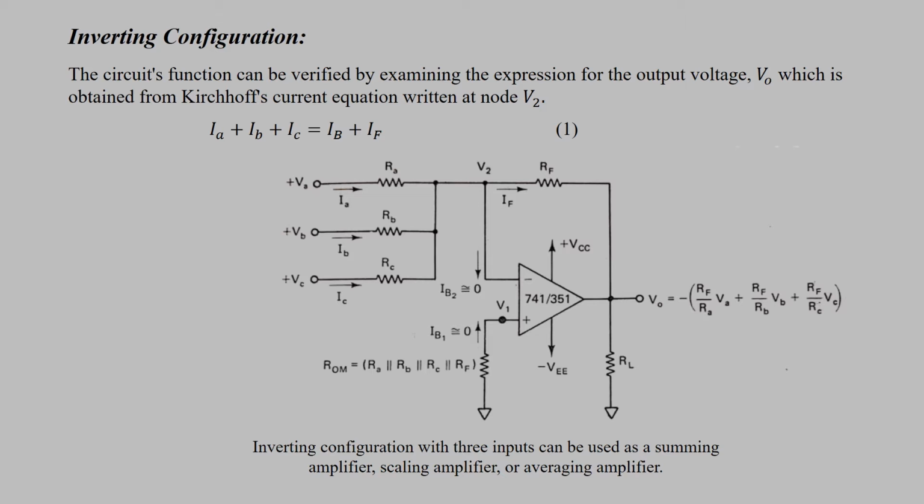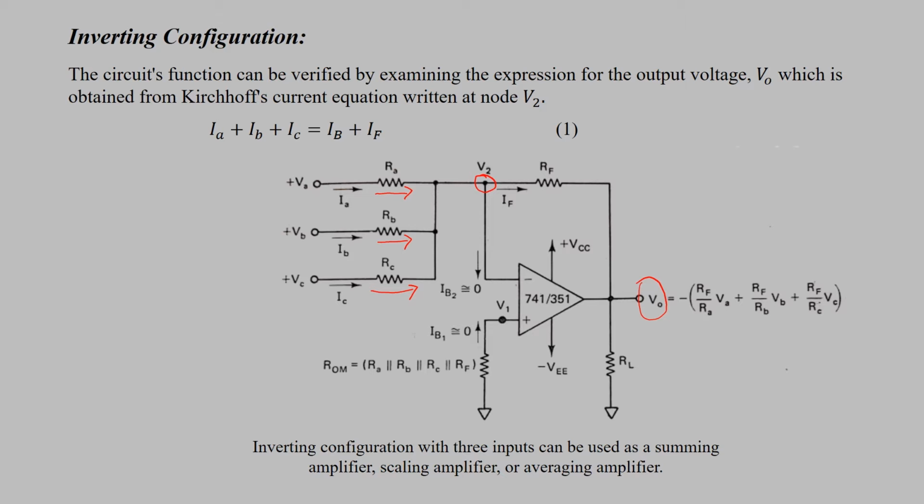The functioning of this circuit can be verified by examining the expression of output voltage VO, which can be obtained from Kirchhoff's current equation at node V2. Here the input currents are current IA through resistance RA, IB through resistance RB and IC through resistance RC.